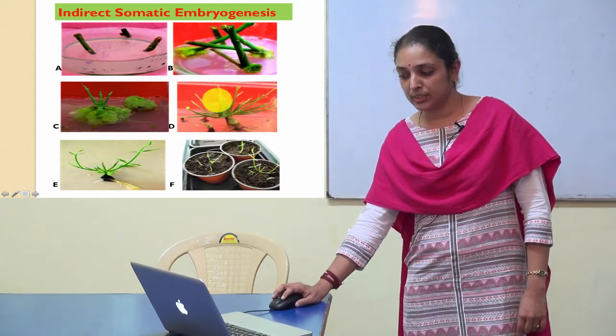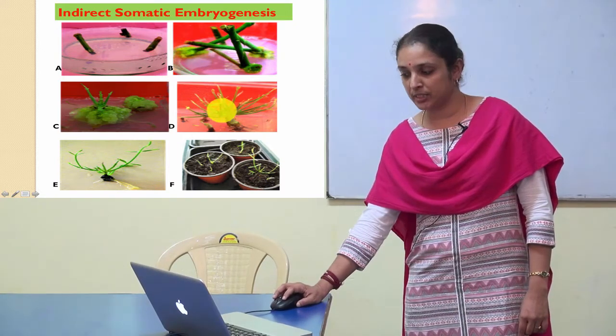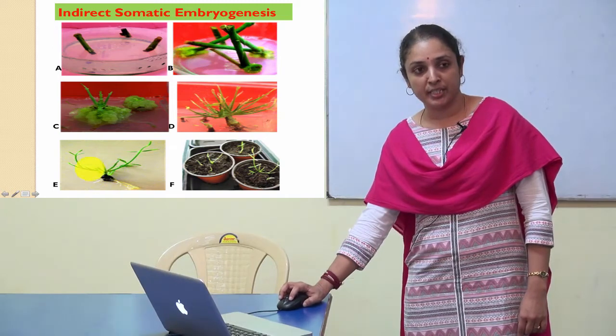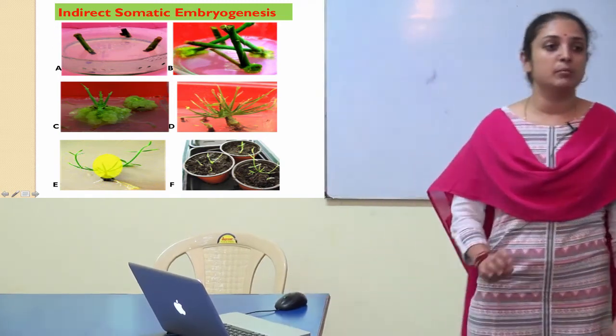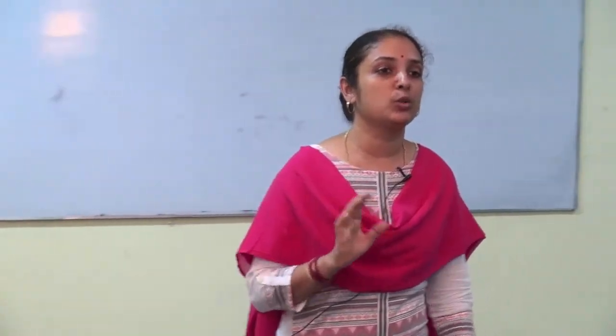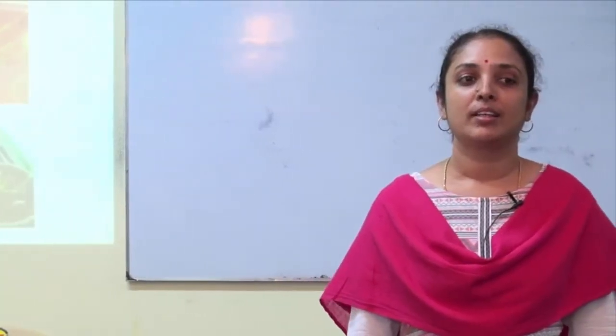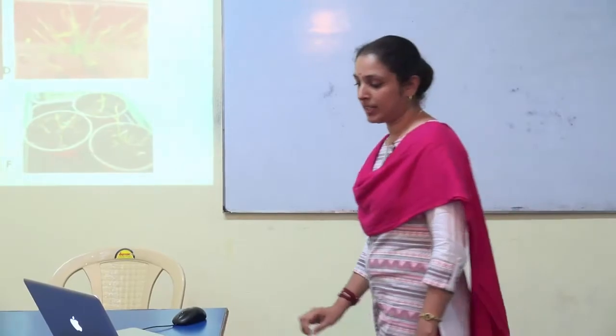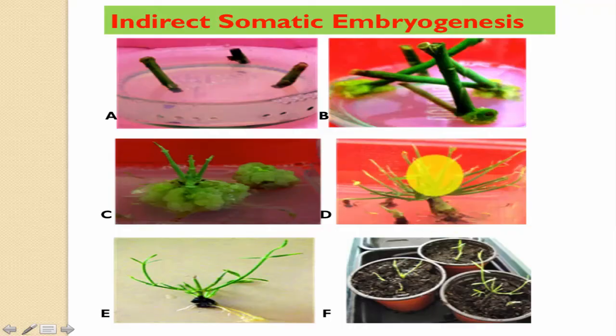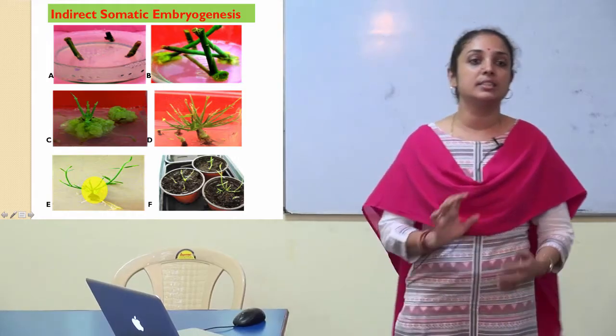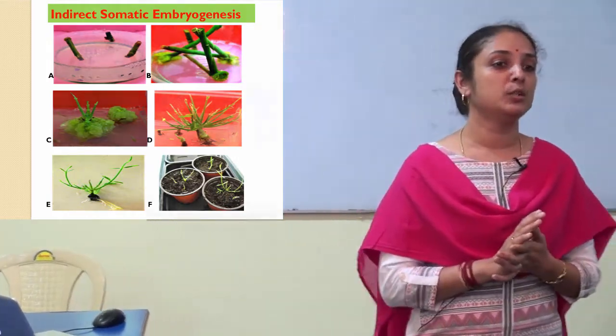The plantlet observed in picture D has been inoculated in a media where plant growth regulators have been given in the nutrient composition, specifically auxins. Can you name a few auxins? NAA, IBA. Okay, these are the auxins, and these plantlets have been transferred to a media which contains these auxins, which will facilitate specifically rooting.